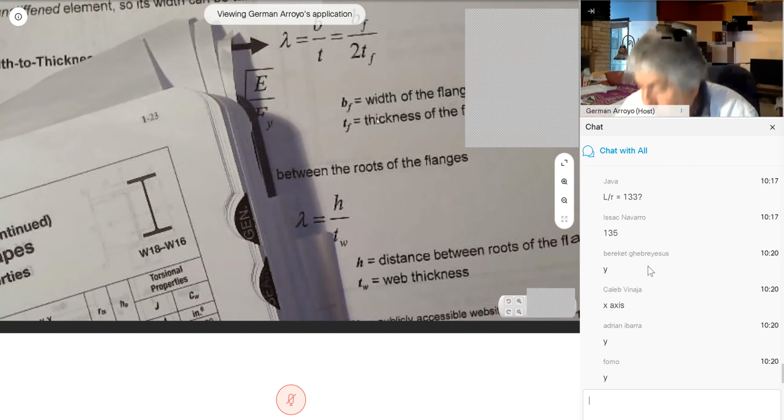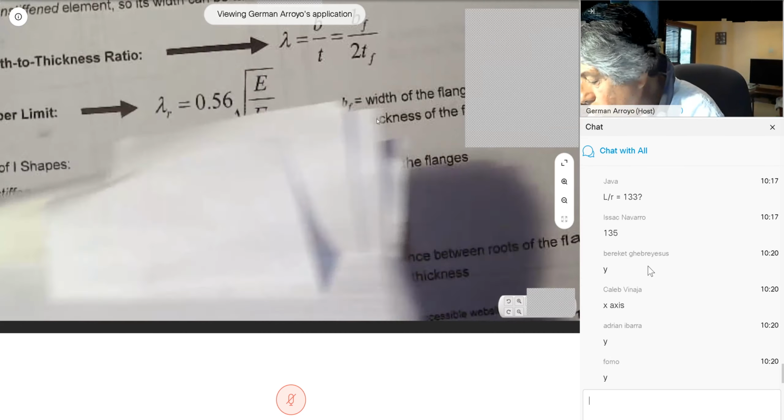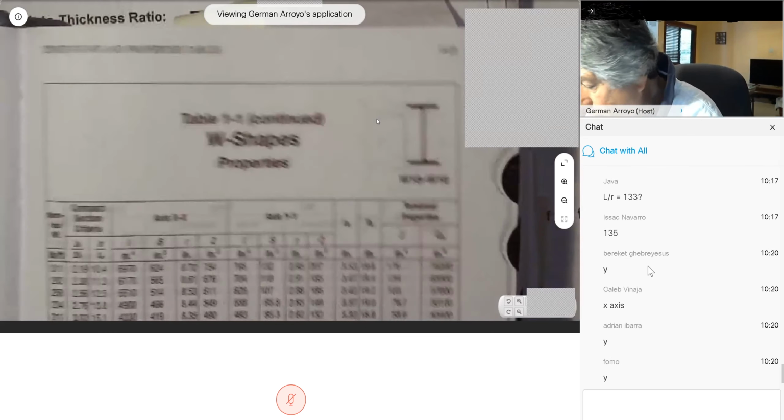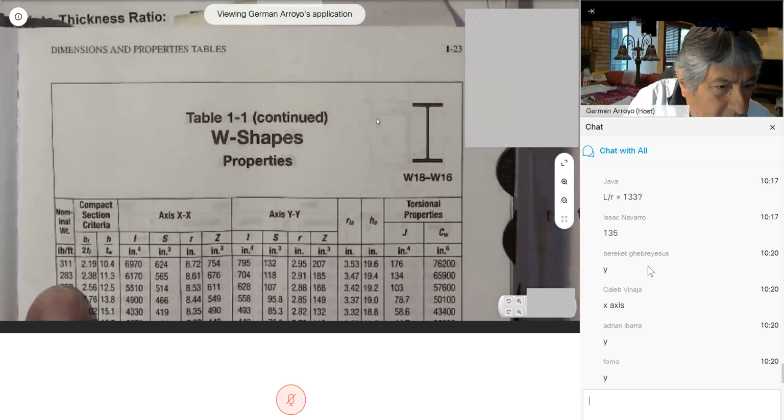So you go to this page, and for instance, I want you to go to the very top value, in here.